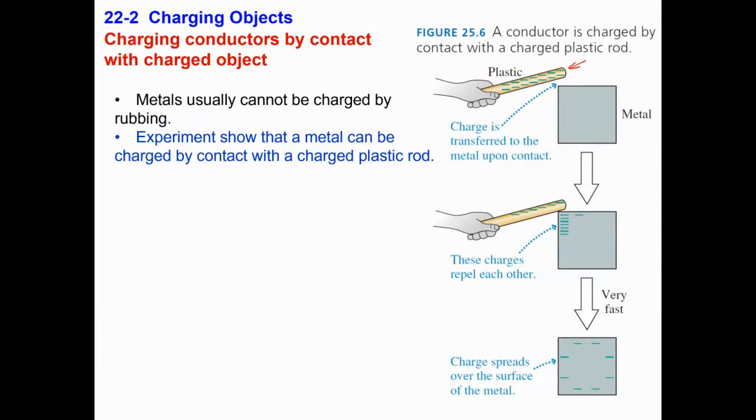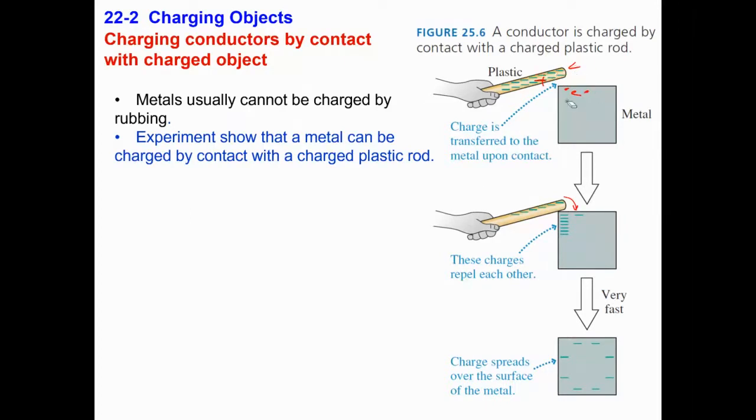This is not easy to explain. Now, if these negative charges are fixed in the molecules, how can they transfer to the metal? If it was a positive charge, that is much easier to explain, because you have electrons that are free to move in the conductor, and they will move here.